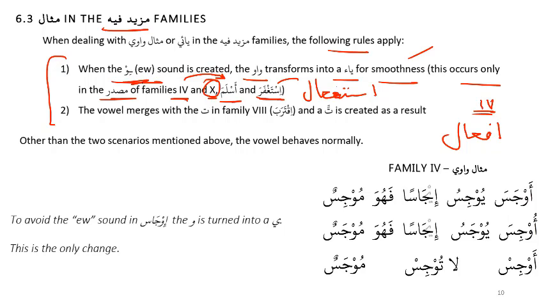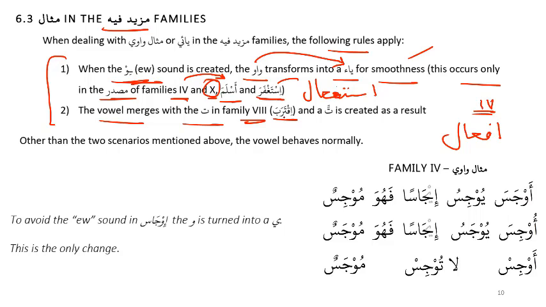whenever there's a u sound, the vowel transforms into a ya, and the vowel merges with the ta with family 8, iqtaraba. So iqtaraba, what does this sound like with respect to our examples? Does anyone remember?